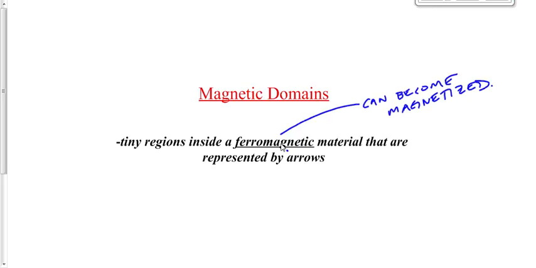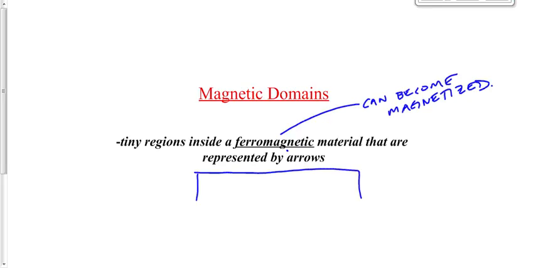Now, we can't draw electron spins and commonalities and patterns of electron spins. So what we're going to do is simply represent similar patterns of electron spins with arrows. Each little region with these little similarities of electron spins is a domain that we're going to represent by an arrow.